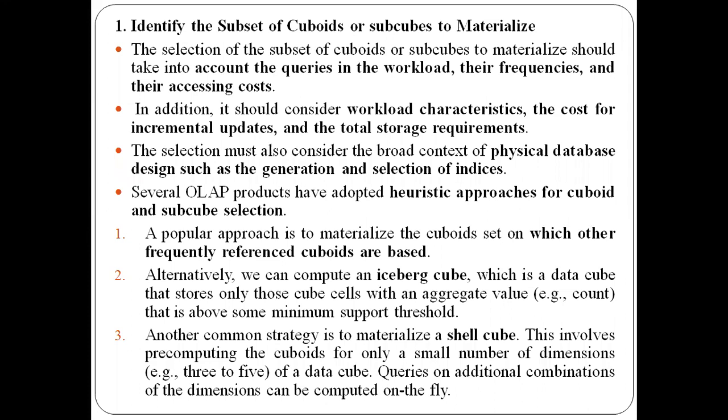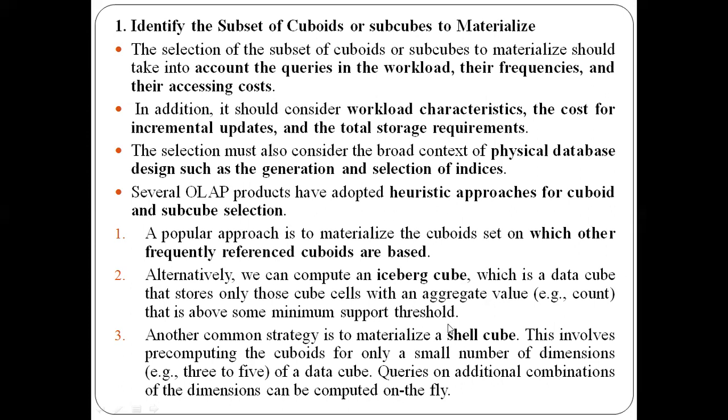For example, the user gives the value 10. If the aggregate value you get for this cuboid is above or equal to 10, then we will materialize such a cuboid. That is called an iceberg cube. So an iceberg cube is a data cube that stores only those cube cells which are above some specified threshold. The third one is the shell cube.